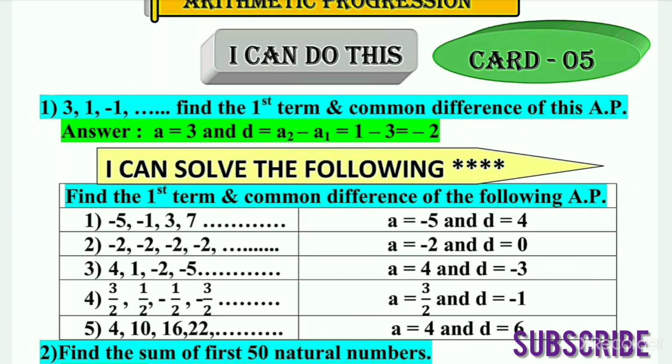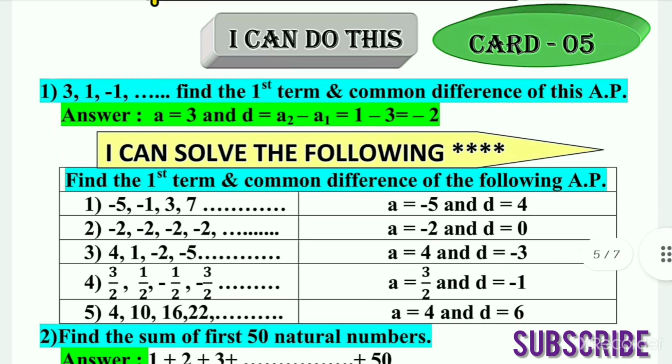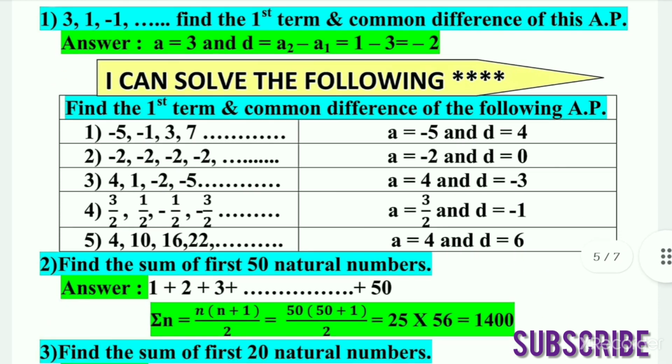Whatever they give first is the A value, so you can write directly A is equal to 3. And for the D value, we always know the formula D is equal to A2 minus A1. If you substitute, you will get the answer, minus 2. Next, just this basics of how to find the A value and D value. From here also I give a few questions to solve.